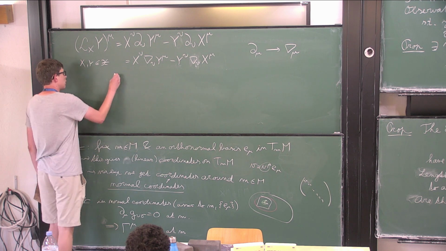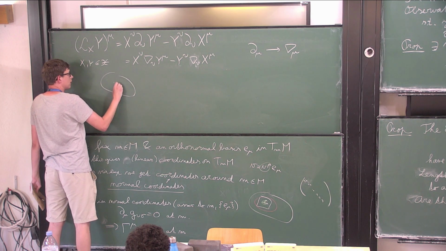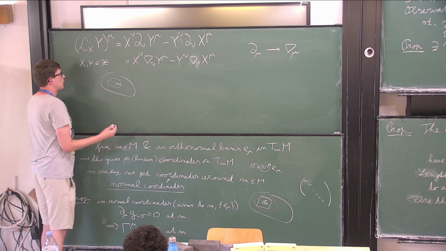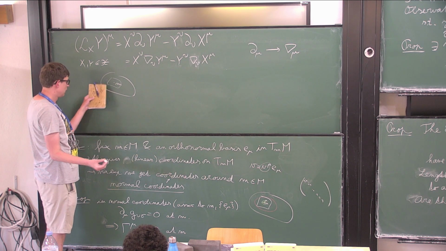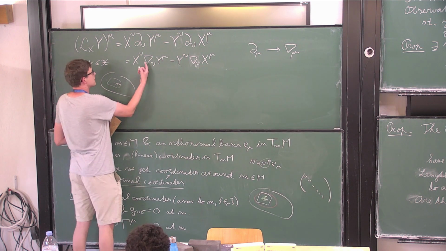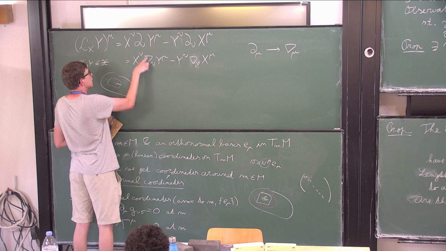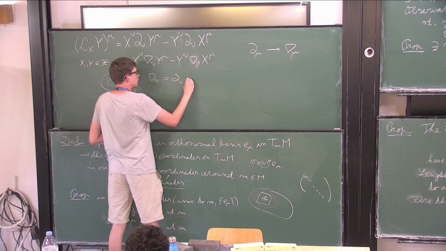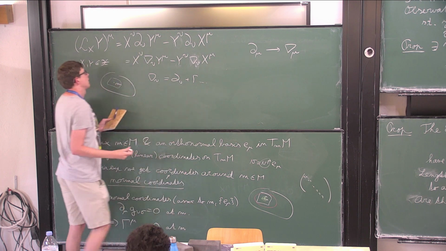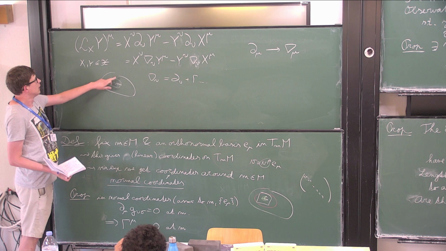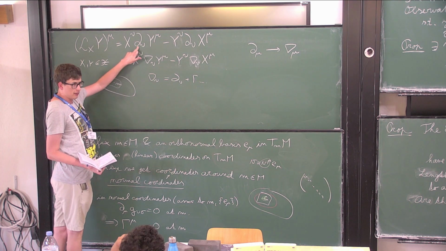Now pick any point and pick any normal coordinates around that point. Around that point, the gammas are 0 at that point. And how does nabla differ from partial mu? Nabla is just partial, and then there are some gammas. So in the normal coordinates, at this point m, this thing is the same as this thing.